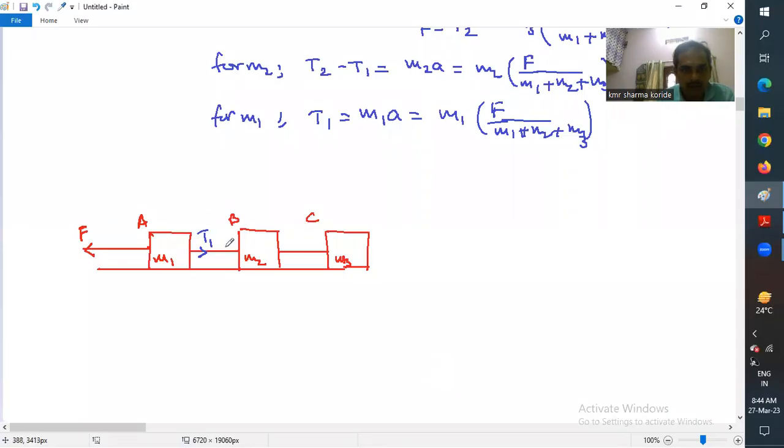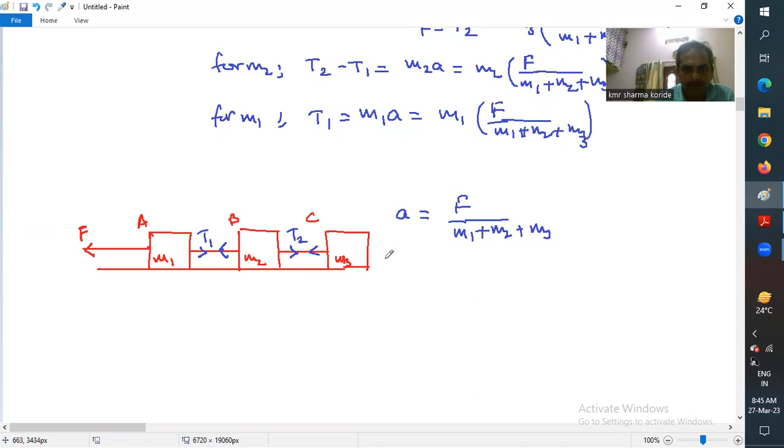But T1 favors M2, and T2 opposes M2. T2 favors M3, because all the blocks are moving from right to left. So first, the common acceleration is F by M1 plus M2 plus M3.